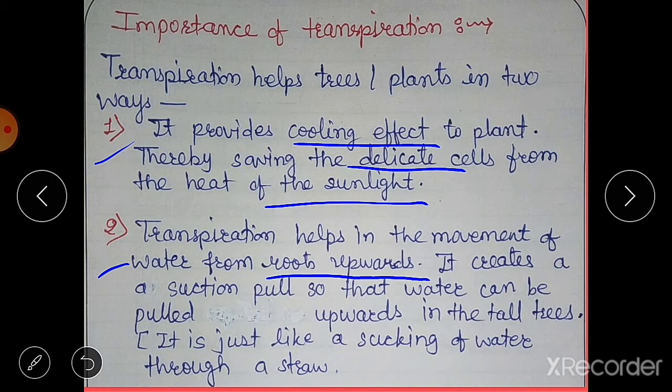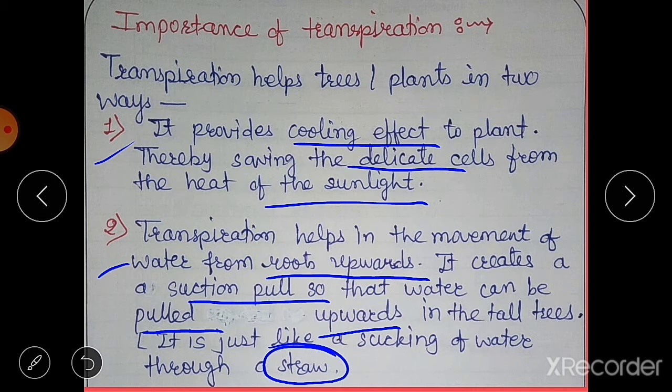So these are two reverse processes. This transpiration process creates a suction pull so that water can be pulled upwards in tall trees. It is just like sucking water through a straw. When we keep the straw in the mouth and suck, because of that sucking pressure, the water is sucked into the mouth.